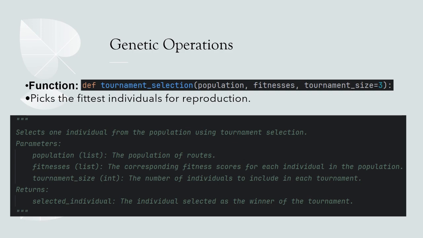Parameters are population, list, the population of routes; fitness, list, the corresponding fitness scores for each individual in the population; tournament size, integer, the number of individuals to include in each tournament. And then it returns a selected individual, which is the individual selected as the winner of the tournament.